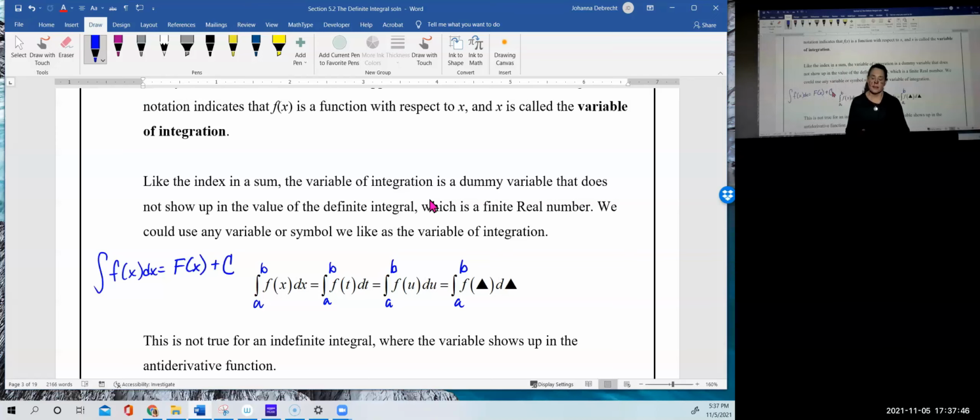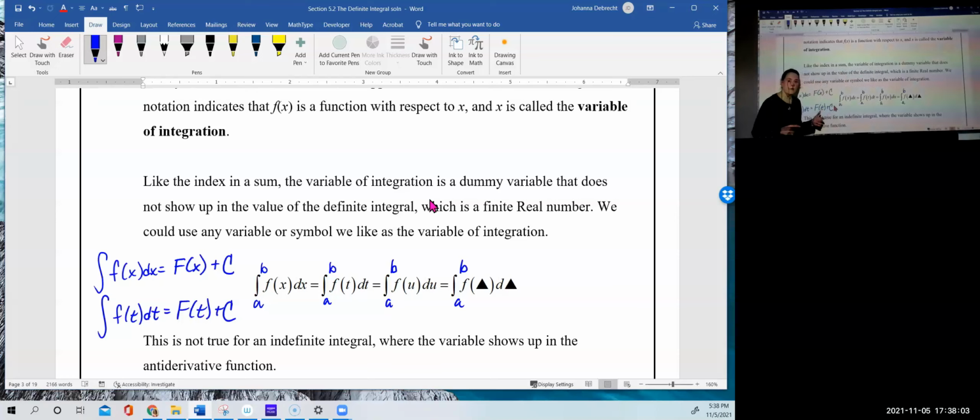On the other hand, if I had an indefinite integral of a function of t with respect to t, then I would expect to get an antiderivative function of t up to that constant plus c. So you can see for the indefinite integral that the variable that shows up in the differential and in the integrand affects the variable that gets used for the antiderivative.